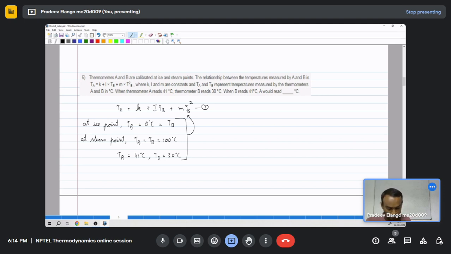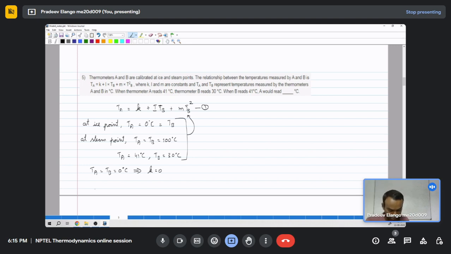Now put in the first value, TA equal to TB equal to 0 degrees Celsius means K is 0, right? Because we will have TA on the LHS as 0, and on the right hand side, except for K, the other terms will become 0, so K should be 0.